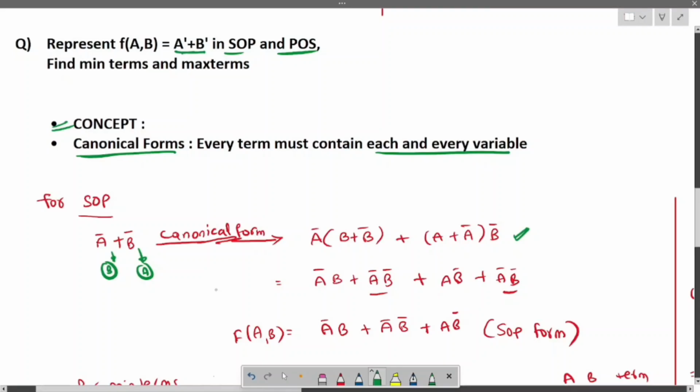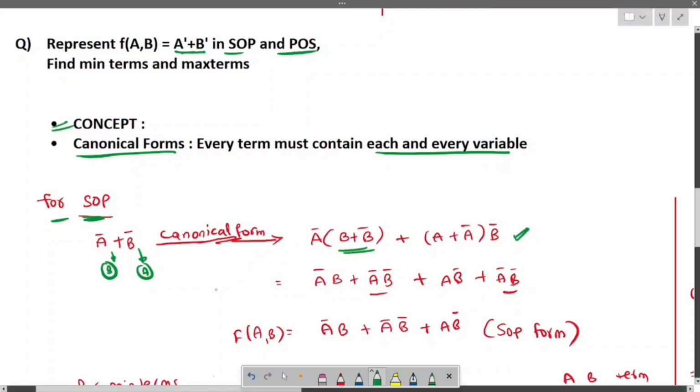To convert the standard form to canonical form for SOP only, we need to write it like this. We multiply with the leftover term, which is b, like b plus b bar.